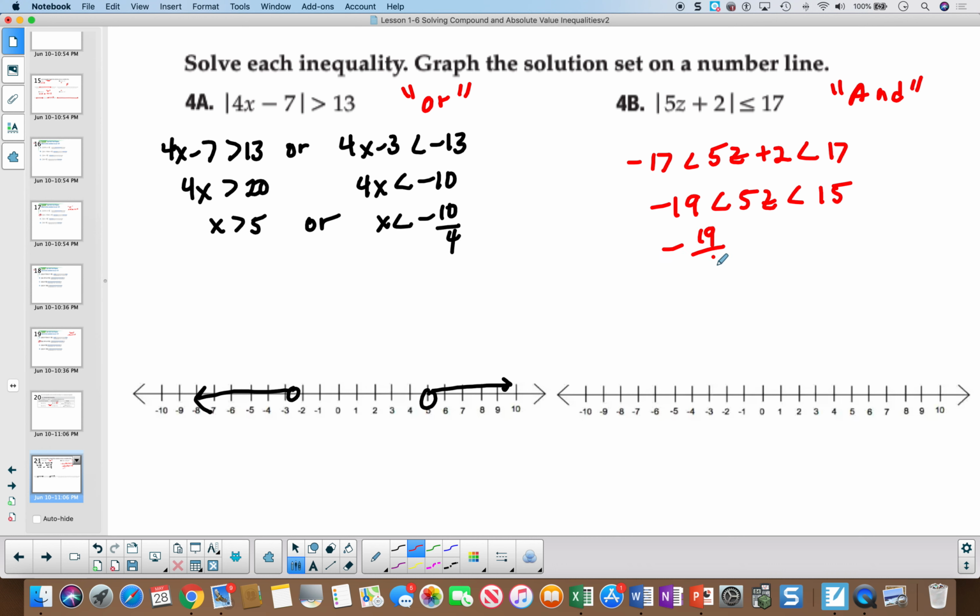Negative 19 fifths is less than z, which is less than 3. Notice I did not divide by a negative number, so I keep the less than symbol. So these should have all been less than or equal to. So I want 3, and I want negative 3 and 4 fifths, so that's right about here. And filled in circles, and then we want all values between.